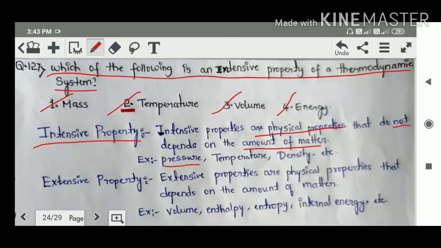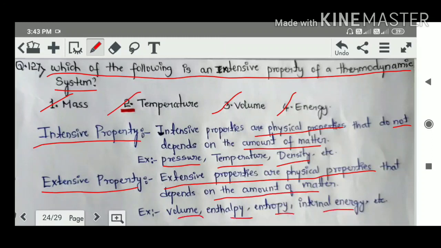Examples are pressure, temperature, density. The second one is extensive property. Extensive properties are physical properties that depend on the amount of matter. Examples are volume, enthalpy, entropy, internal energy, etc. Okay, so the correct option for this question is option number 2, temperature.